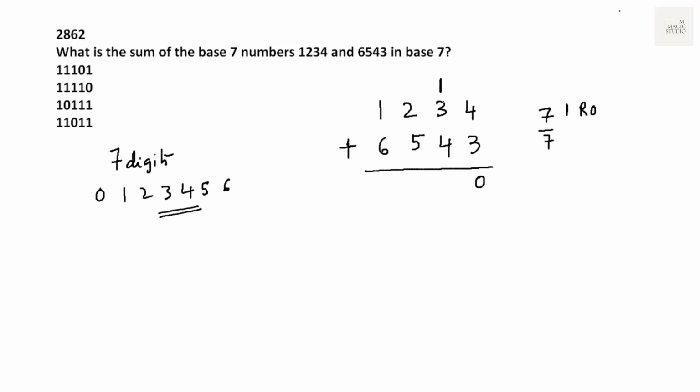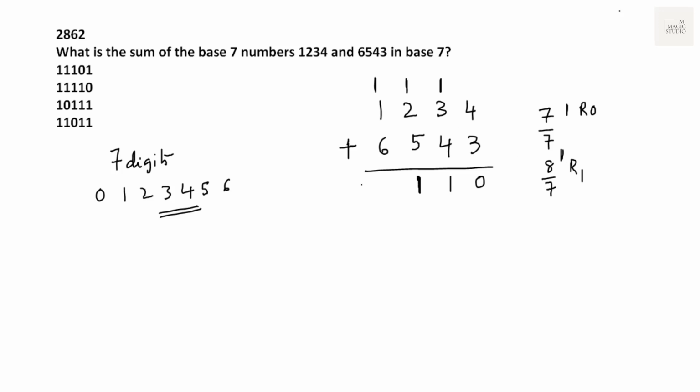Now again, 1 plus 3 plus 4 is 8. 8 divided by 7, quotient is 1 and remainder is 1. The quotient will be the carryover 1 and the remainder is written here. 5 plus 2 is 7, plus 1 is 8. Again 8 by 7, quotient is 1, that is the carryover, and remainder 1 is written down. 6 plus 1 is 7, plus 1 is 8.